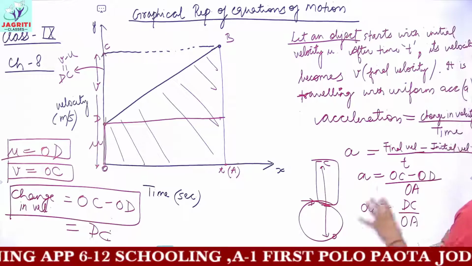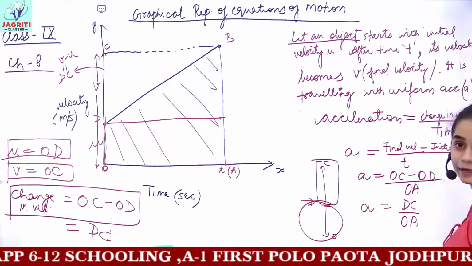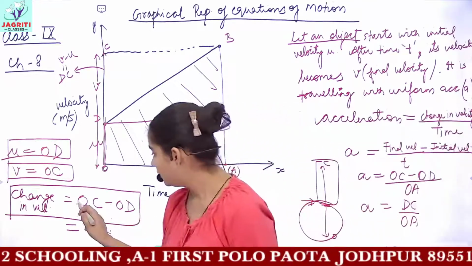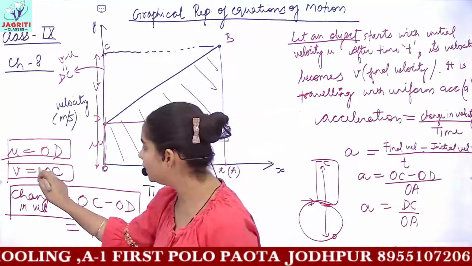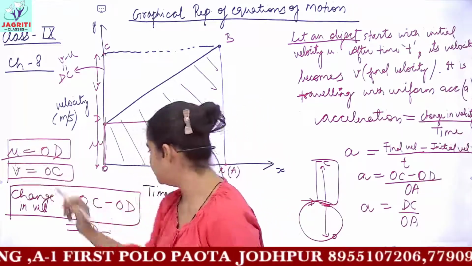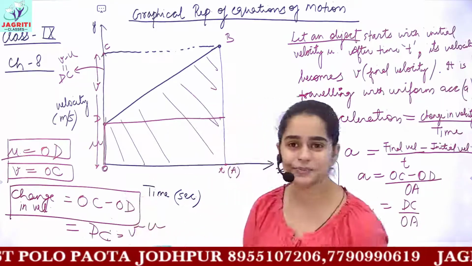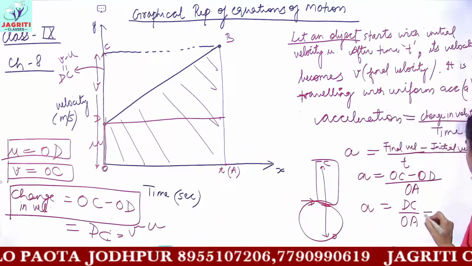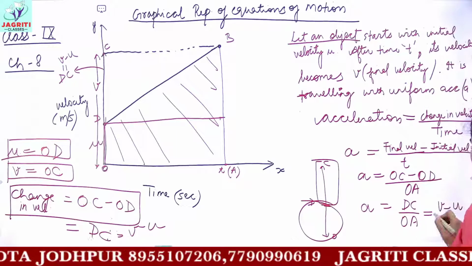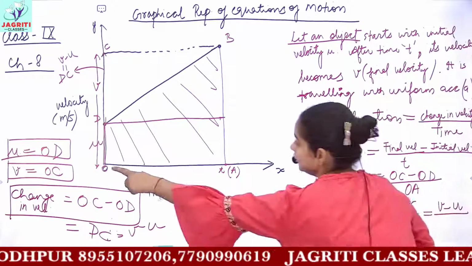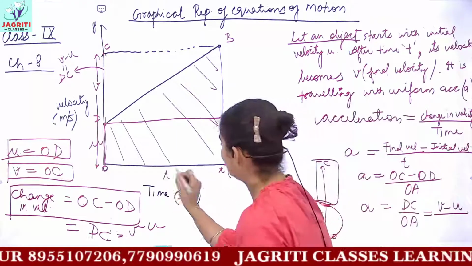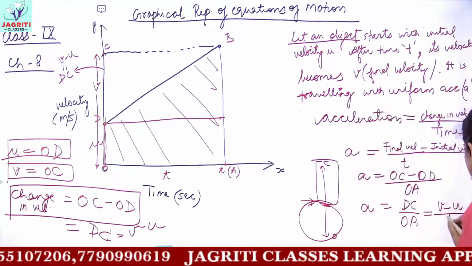And now better you put the values of DC and OA. The value of DC is OC minus OD. OC is equal to V, OD is equal to U. So you can write DC is equal to V minus U. So in the place of DC you can write V minus U, and OA represents your time t. So OA gives you small t.